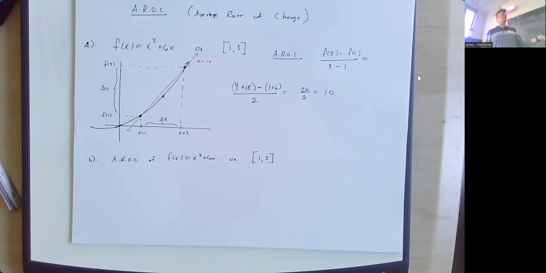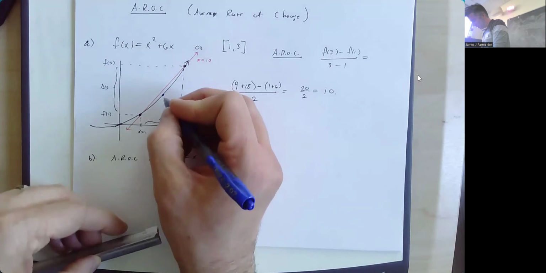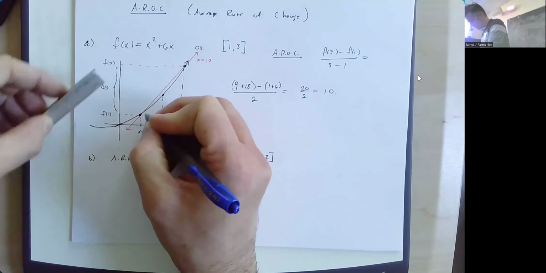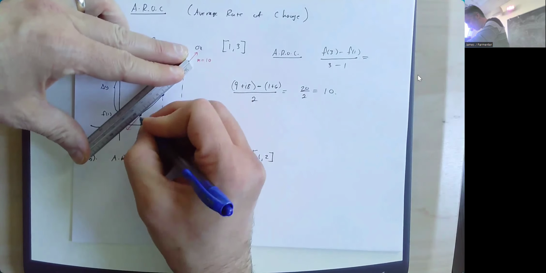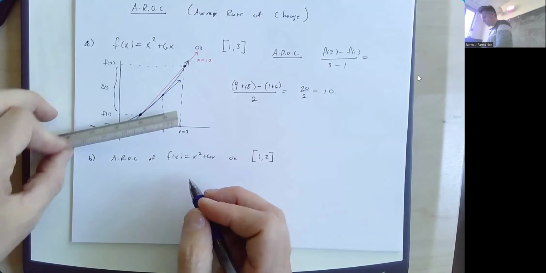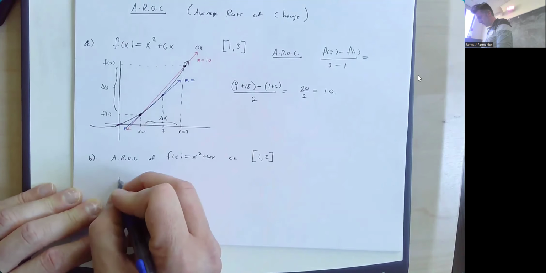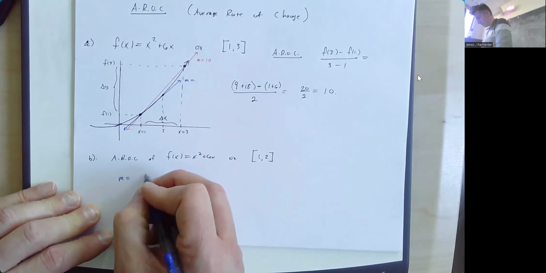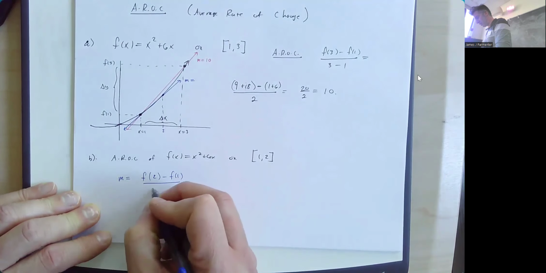And it's good to look at the graph and think about what's going to happen before I actually calculate. I'm just going to draw it here. So let's say here's 2. So now I'm finding the slope of this secant line. The slope of my new secant line is going to be f of 2 minus f of 1 over 2 minus 1.